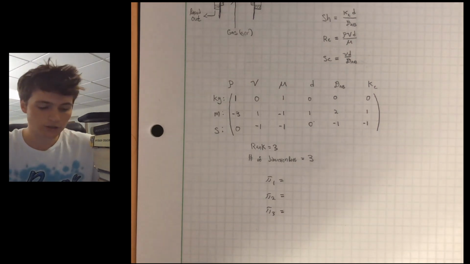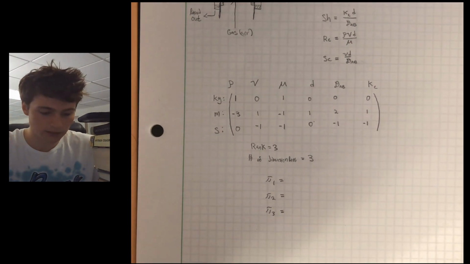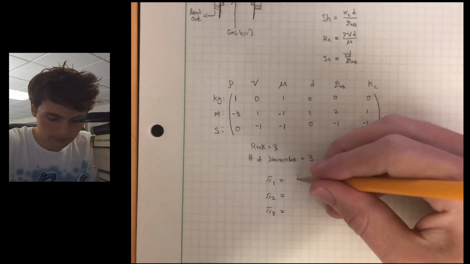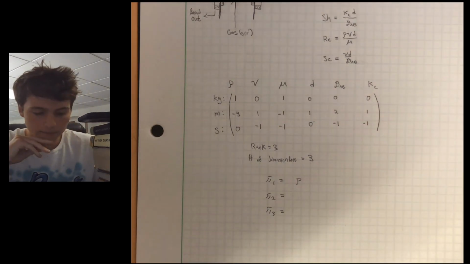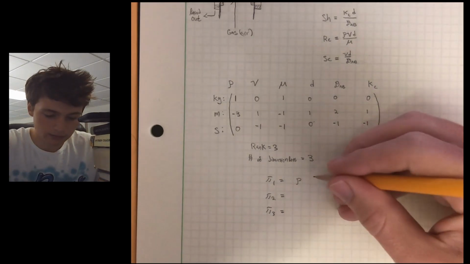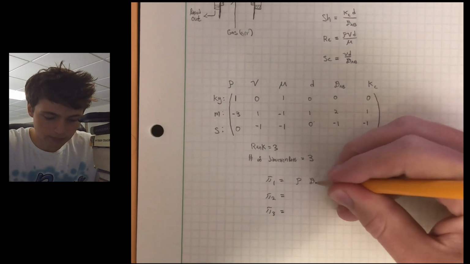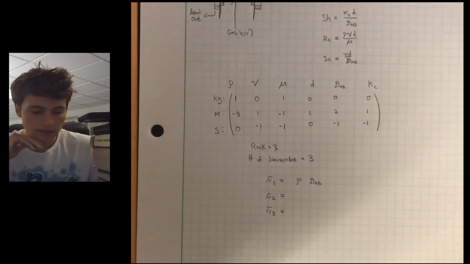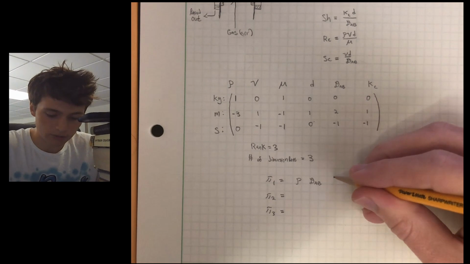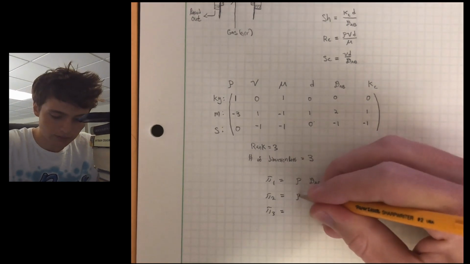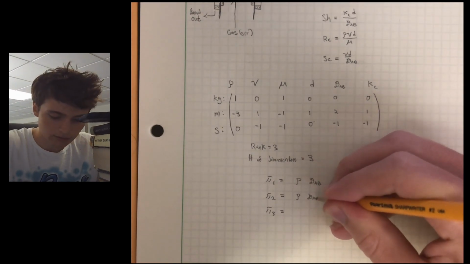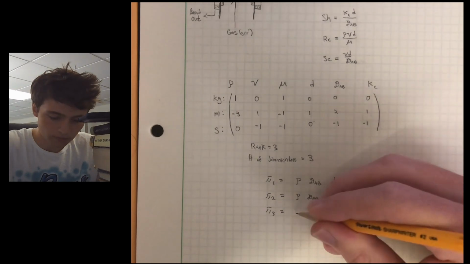So I'm going to choose for my core variables the density, the diffusivity, and then we'll use the diameter of the tube. And that shows up in every dimensionless variable.